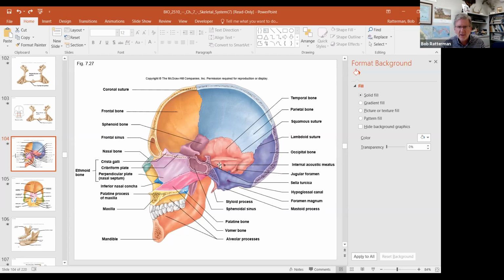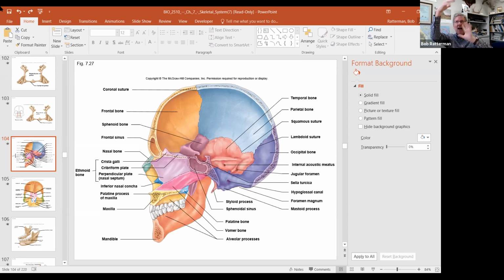I think the artist did a fine job on some of these diagrams. It's hard to depict three-dimensionality in a two-dimensional world, isn't it? There's some really cool stuff you can download for free, like on my iPad. I have a skull app, I forget what the program was, but you can rotate the skull in any direction you want.